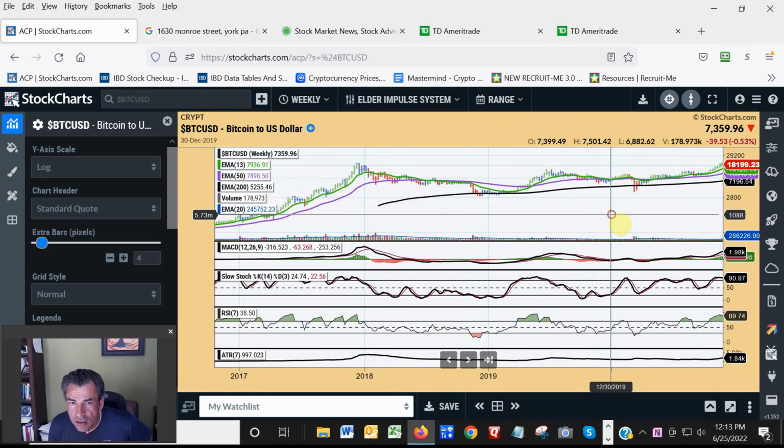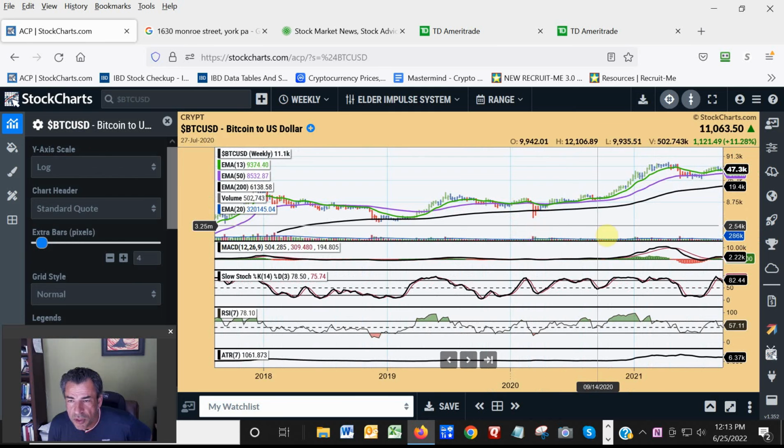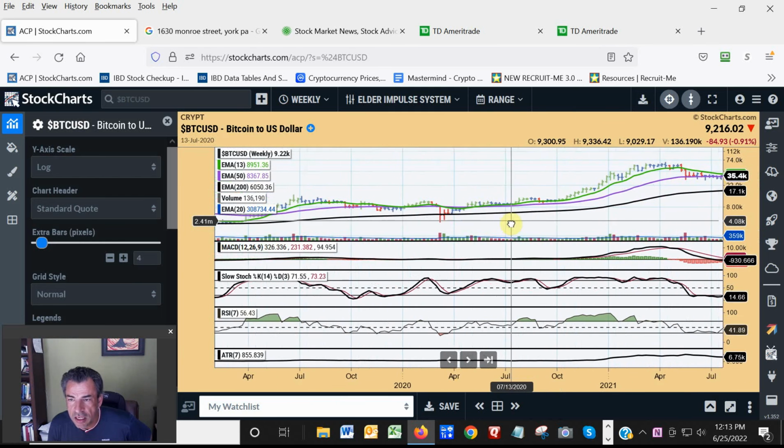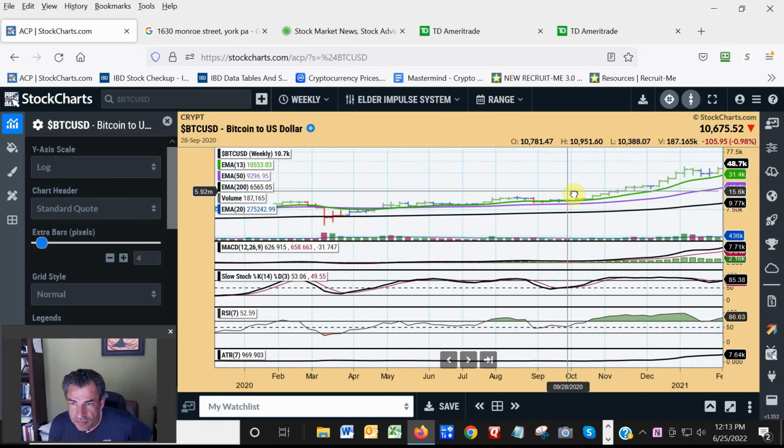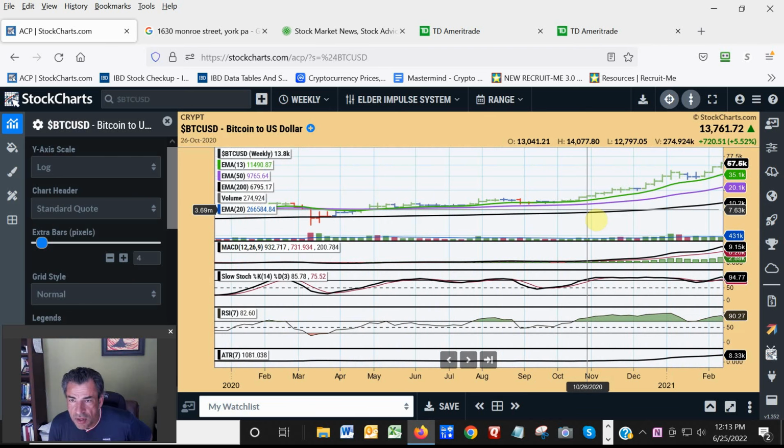And let's take a look. We should ideally see an increase in volume. So here's a high at 18.9, 19.4, 19.9. So that was the height where it broke through the previous high.